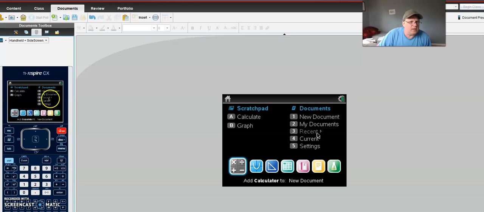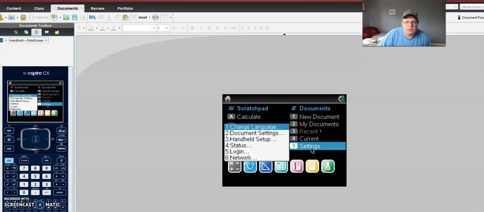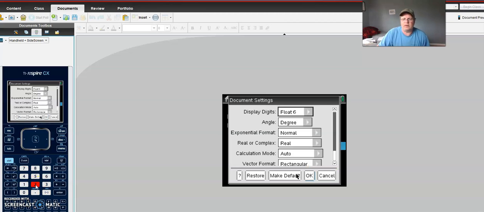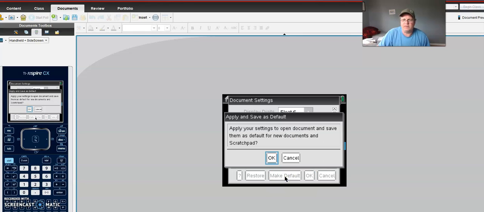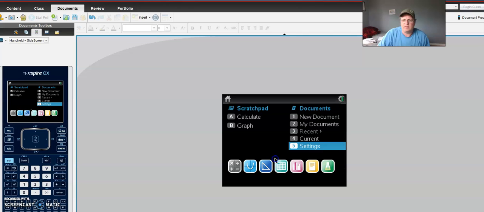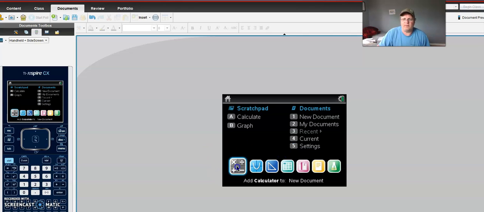So if I'm in radians, I go to settings, 2, there you go, document settings. See the angle? It should be in degrees. If it's in radian, then you put it in degree and say make it default. So it'll be your default setting for everything.